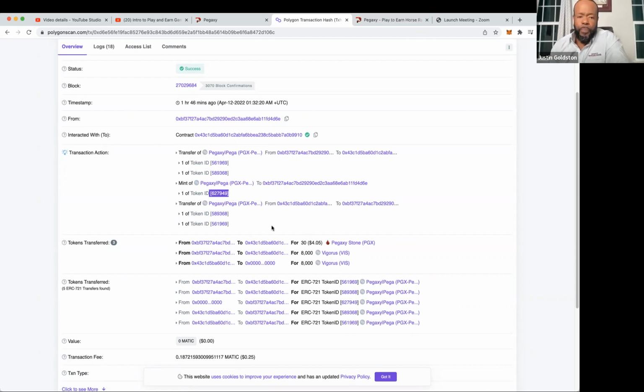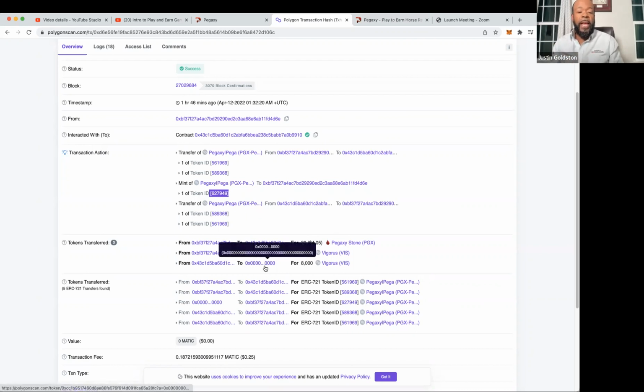So once again, we used 8,000 VIS, 8,000 vigorous tokens. That vigorous token is the in-game token that we earn by winning races. And then we also had to use 30 PGX tokens, right? So we said that we had to use those 8,000 tokens, and those 8,000 tokens are going to be burned, right?